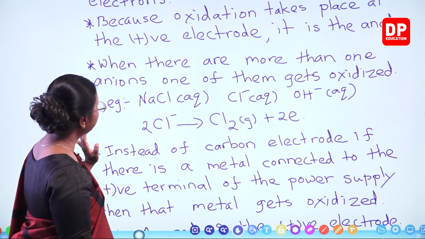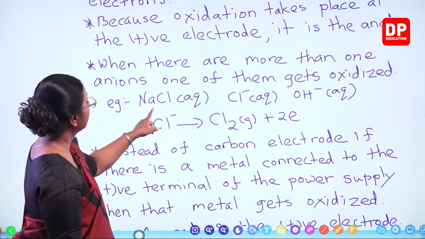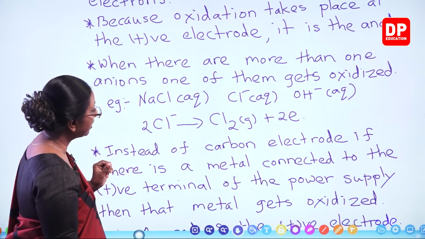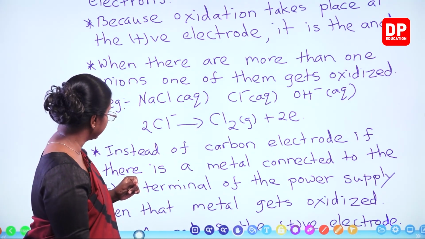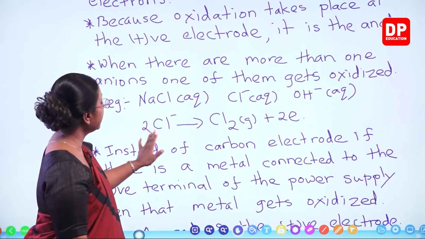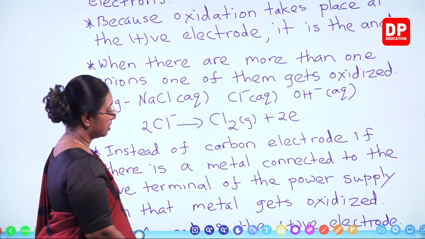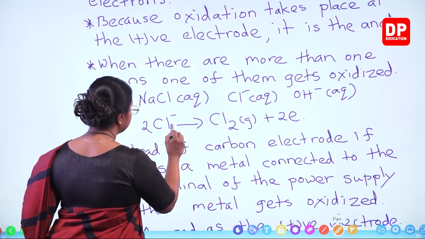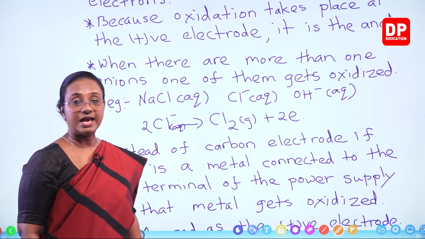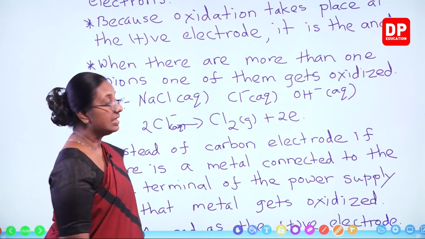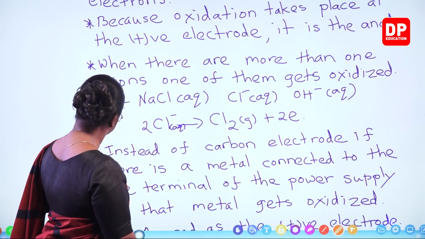So, as an example, I have given this. When there is the electrolysis of sodium chloride solution, Cl minus aqueous and OH minus aqueous are there. There it is Cl minus aqueous that gets oxidized. So, here Cl minus aqueous gets oxidized to Cl2 gas, releasing 2 electrons.